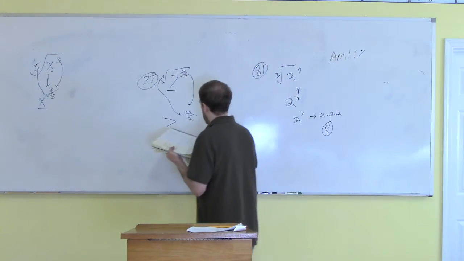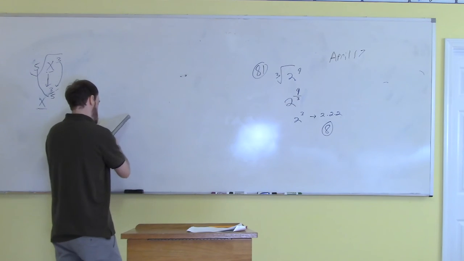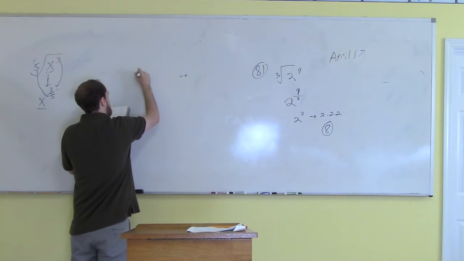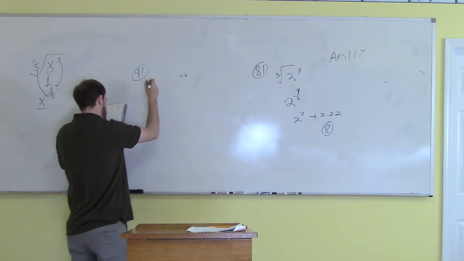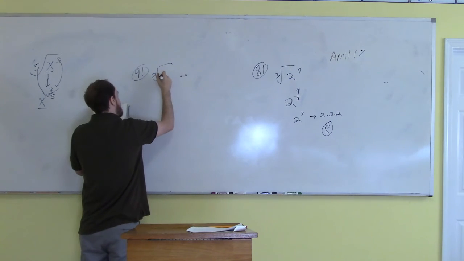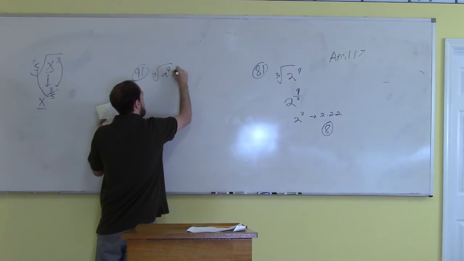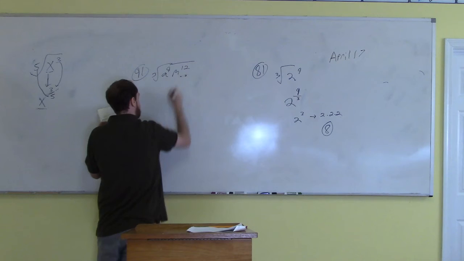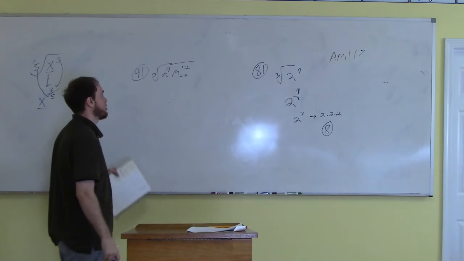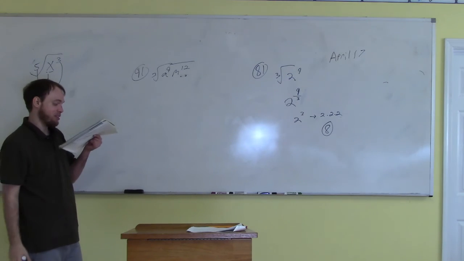We'll look at 91. So 91 says the cube root of a to the 9th m squared. So first we're going to write this as fractional exponents.